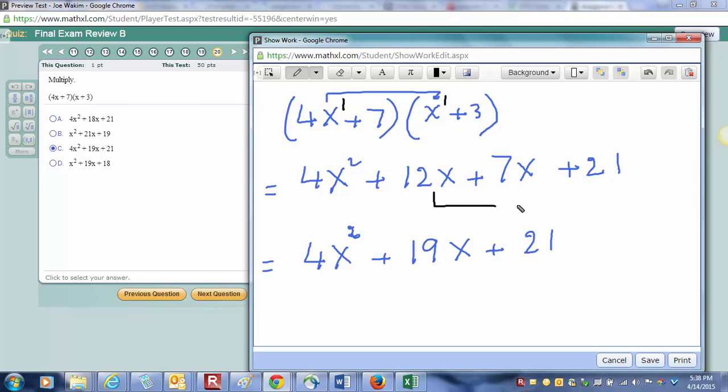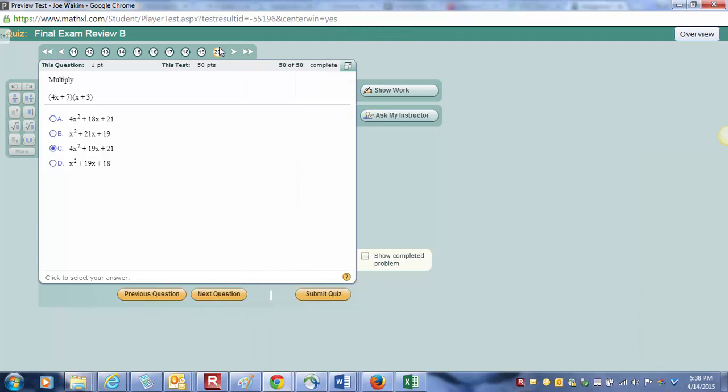These are called like terms. That's why we can combine them: 12x plus 7x is 19x. We cannot do anything about the other 2 terms. So 4x squared plus 19x plus 21 is the final answer.